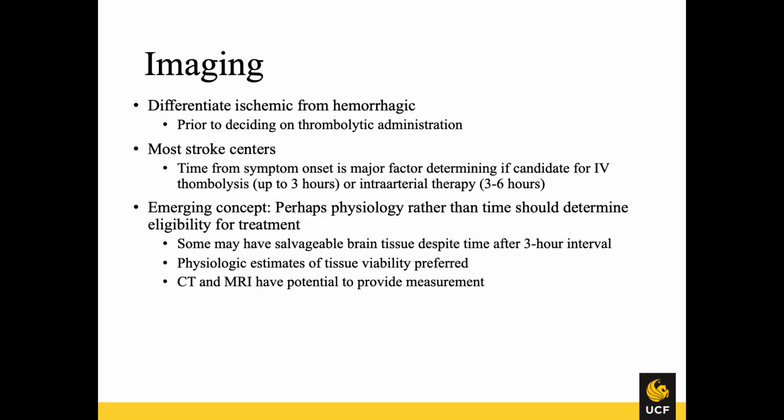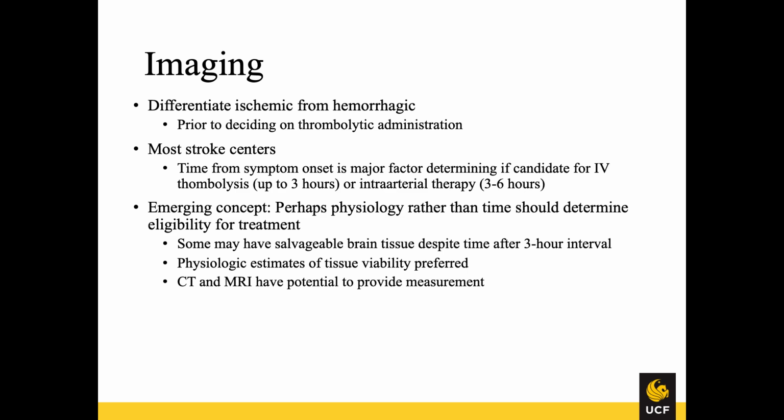So imaging is crucial. It can differentiate between an ischemic type stroke versus a hemorrhagic stroke prior to deciding on thrombolytic administration. Obviously, we are not going to give a patient alteplase if the patient's having a hemorrhagic stroke.